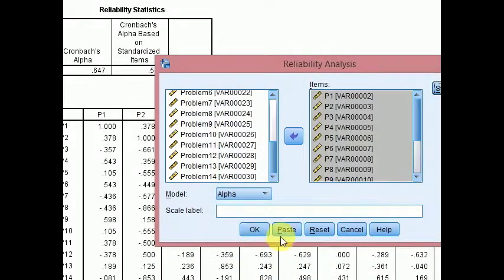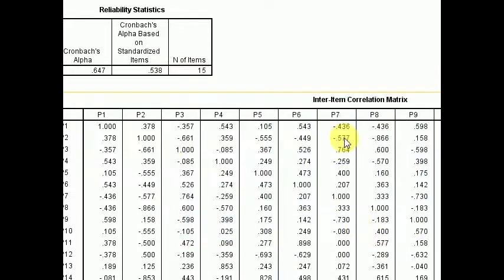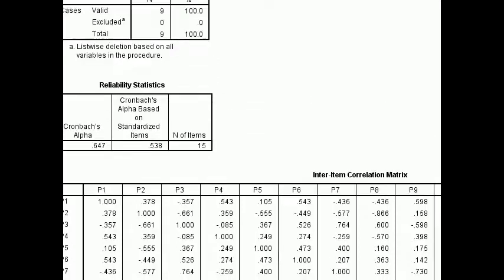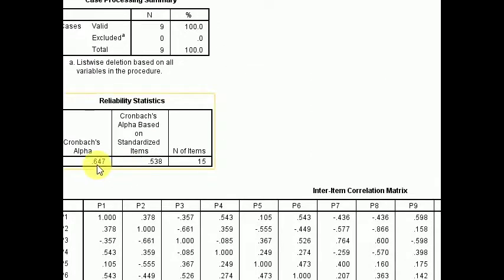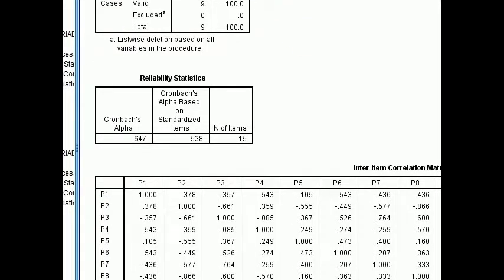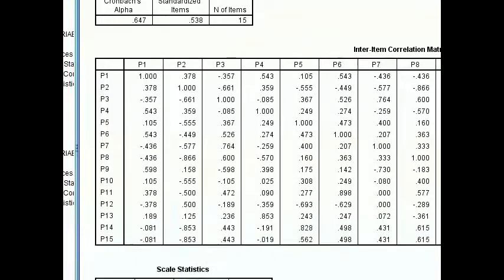Okay, and when I press OK, of course I don't need to do this again because it's already here. The reliability analysis came out as 0.647, standardized items 0.538. This is for the 15 items in the beginning, which refer to the perception.